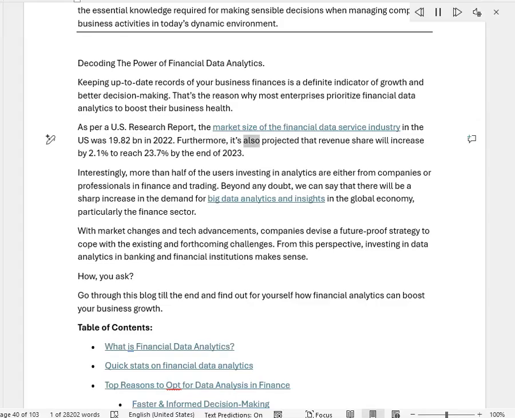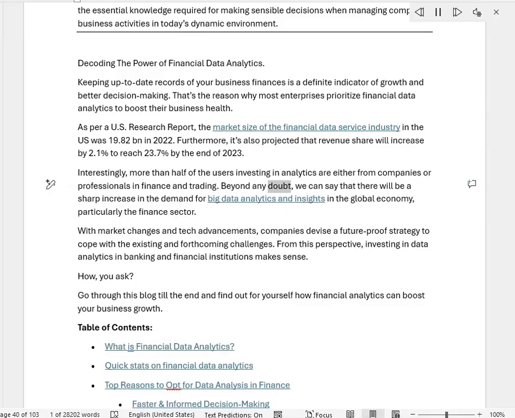Furthermore, it's also projected that revenue share will increase by 2.1% to reach 23.7% by the end of 2023. Interestingly, more than half of the users investing in analytics are either from companies or professionals in finance and trading.